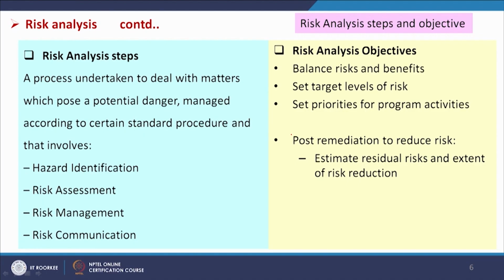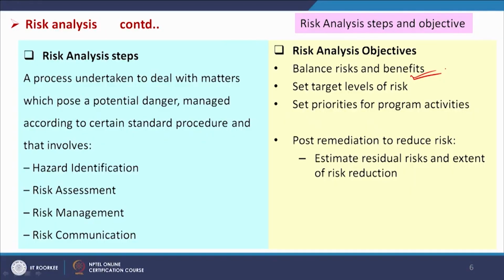The main objective of risk analysis is to balance risks and benefits. Certainly, when we take up new initiatives, we will get some benefits and there will be some risk also. So, we have to consider both and find an optimum situation. Then set target levels of risk, and set priorities for program activities.